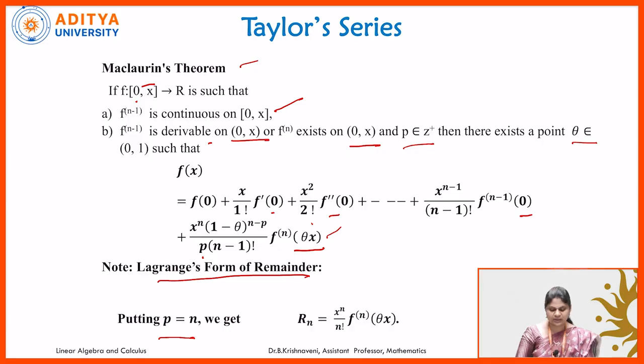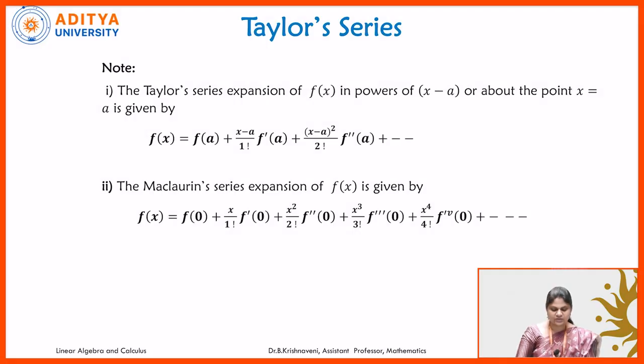So this was about the Taylor series and the Maclaurin series. Now from that we get the Taylor series expansion and the Maclaurin series expansion. The Taylor series expansion in powers of x minus a, or about the point x = a, is given by f(x) = f(a) + (x-a)/1! f'(a) + (x-a)^2/2! f''(a) + and so on.